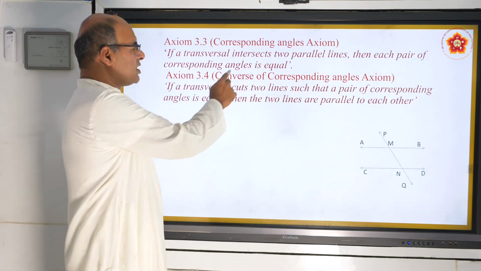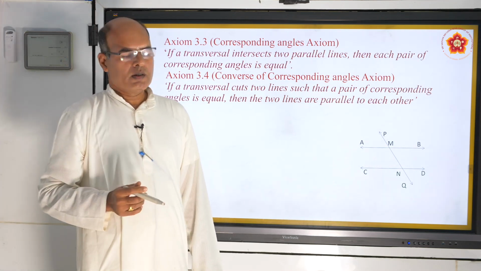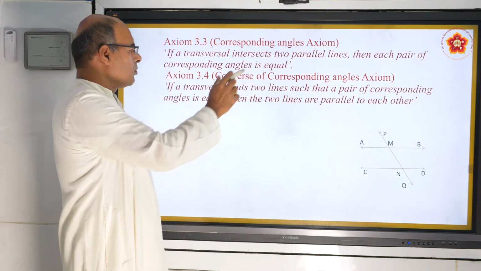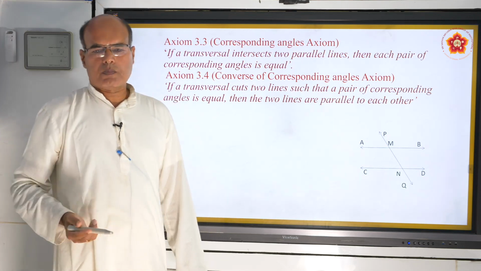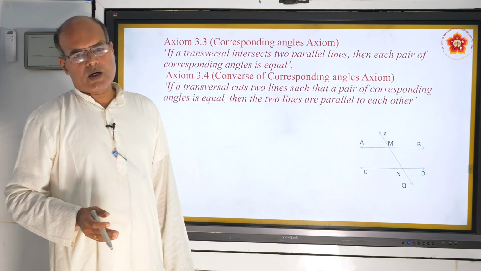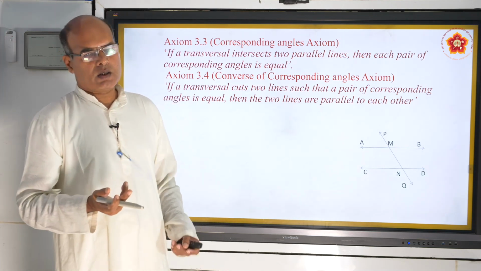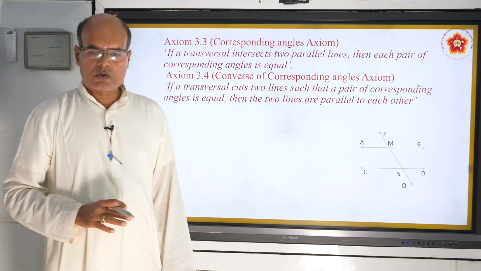Next, the converse of this statement. Every statement of the axioms, postulates or theorems has two parts: the hypothesis part and the conclusion part. If we interchange the hypothesis and the conclusion, we get the converse.